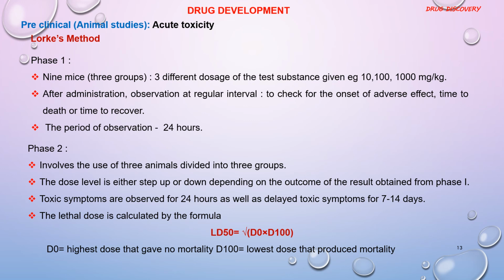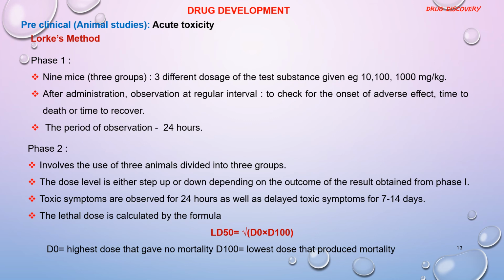After the administration of the dosage, the mice are monitored for a period of 24 hours and the results are recorded. Next, phase 2 involves 3 animals divided into 3 groups, that is, each group containing only 1 animal.